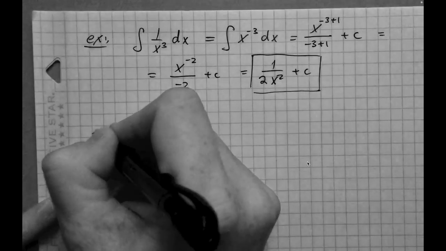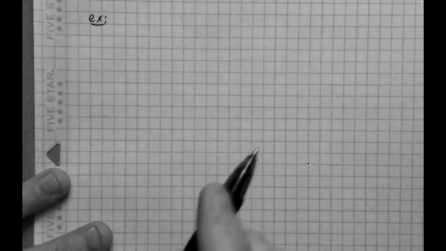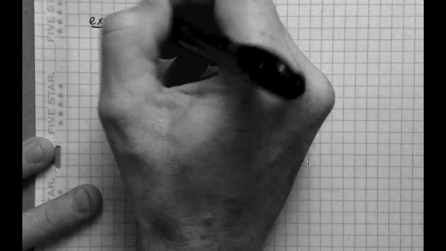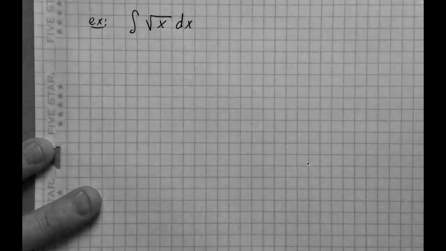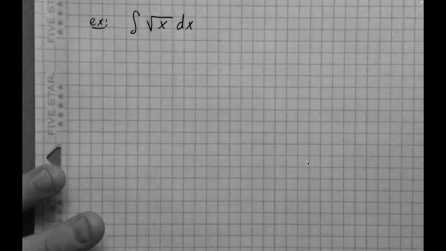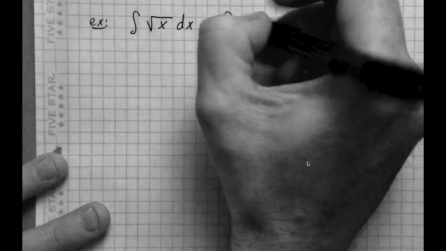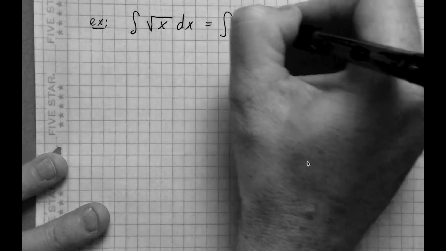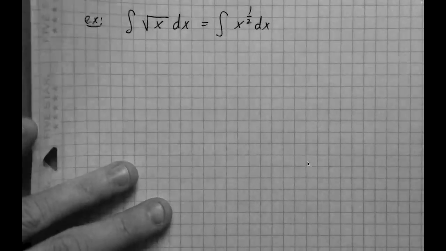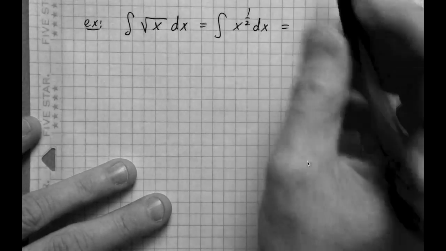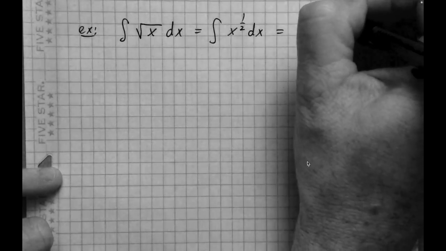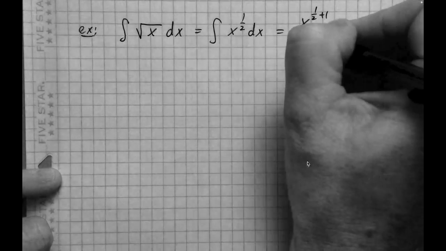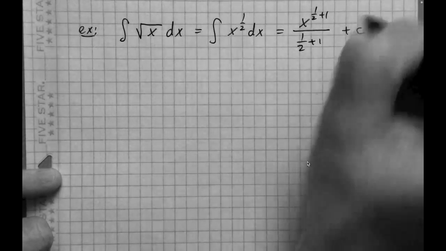Okay, let's try another one. These are good practice. What about the integral of the square root of x? Similarly, you'd want to rewrite this as x to the 1/2, and we can use that same rule. We'll say this will be x to the 1/2 plus 1 divided by 1/2 plus 1, plus c.